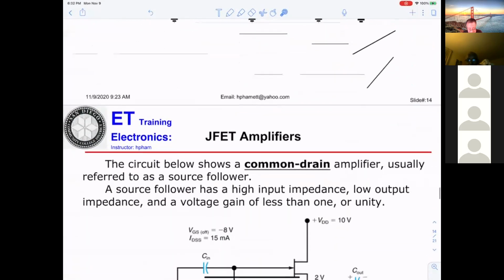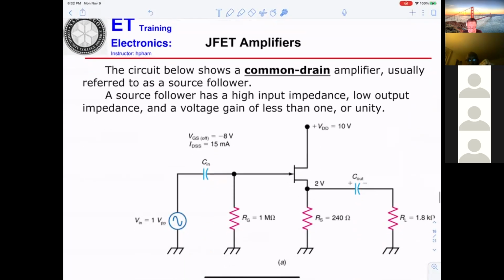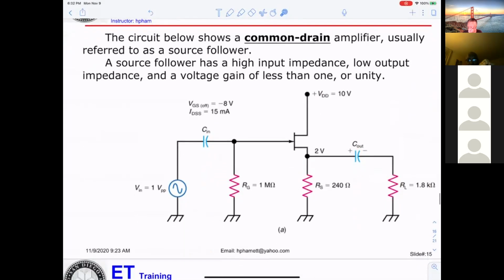Now, let's go into something else. The circuit below shows a common drain amplifier, usually referred to as a source follower. If they say source follower amplifier, then you must understand that is the common drain amplifier.